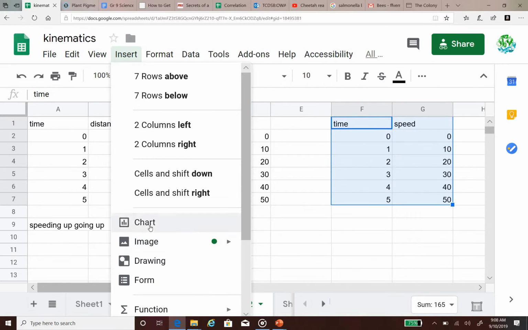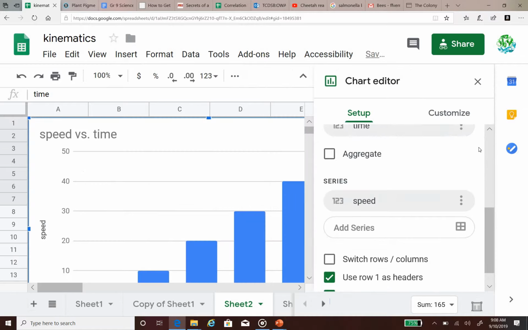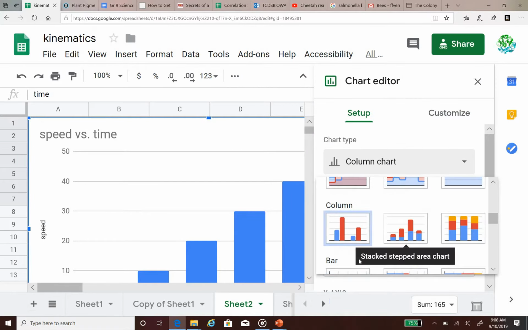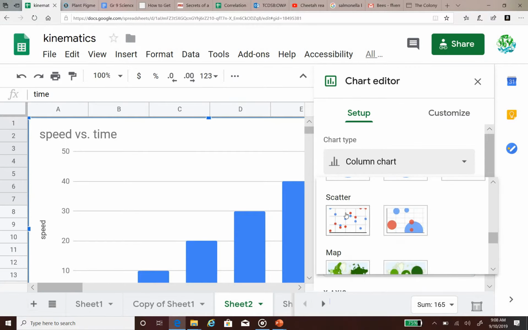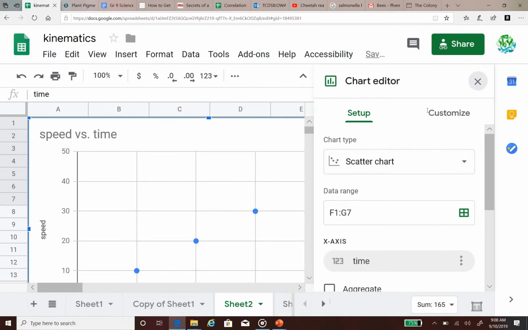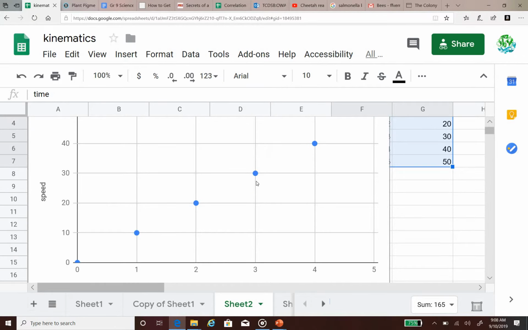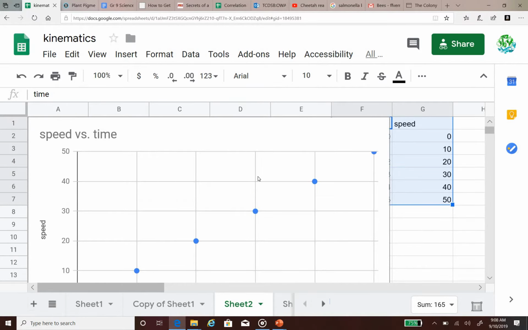Well, just by looking at the data, what should you get? You'll notice it's going to be what? A diagonal line, right?